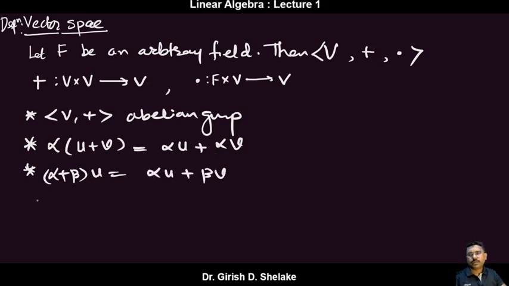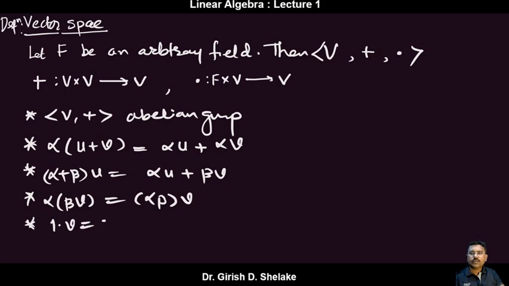This is the third property. Fourth property is alpha into beta v is equal to alpha beta into v. The last property that must be satisfied by this set is 1 into v is equal to v, where 1 belongs to F.